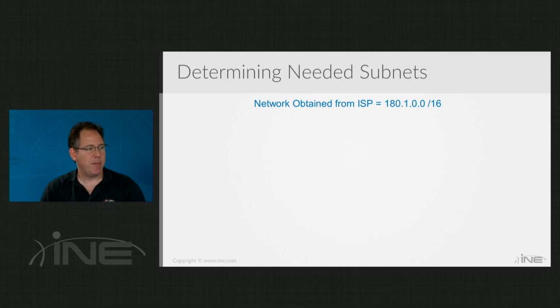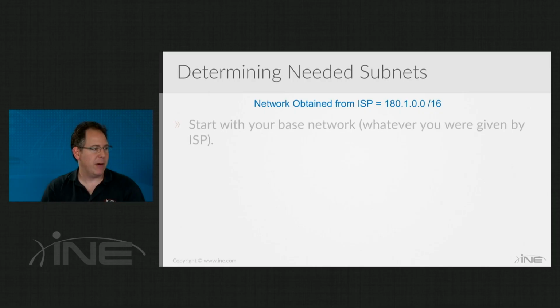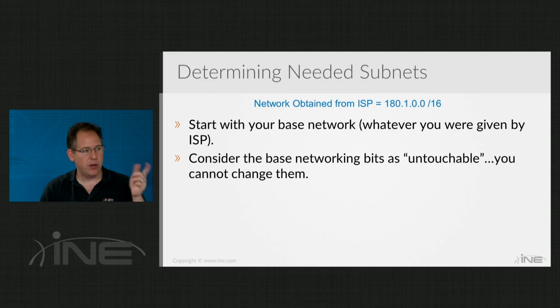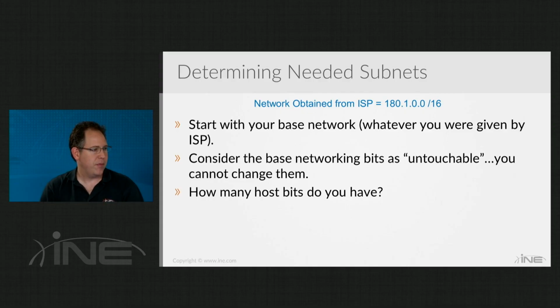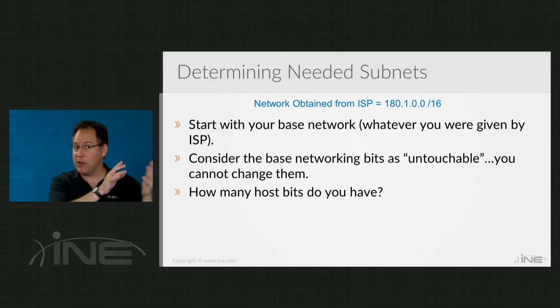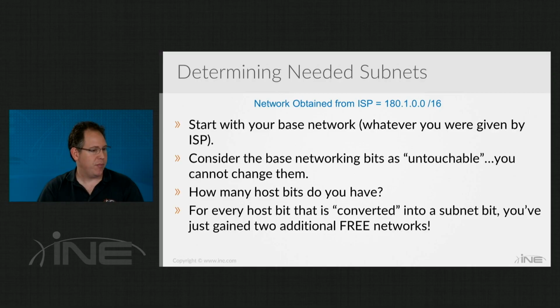So here's an example of that. I got this class B from my ISP, 180.1, that's the network. We know that those original 16 bits are untouchable. Can't touch those bits. So we ask ourselves, how many host bits do I have? In this case, I've got 16 bits I can play with on the back end of this address. For every host bit that you convert into a subnet bit, you double the number of networks.